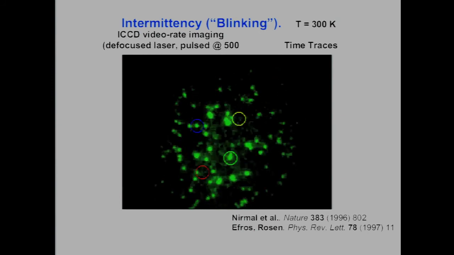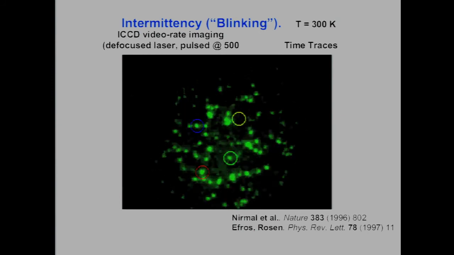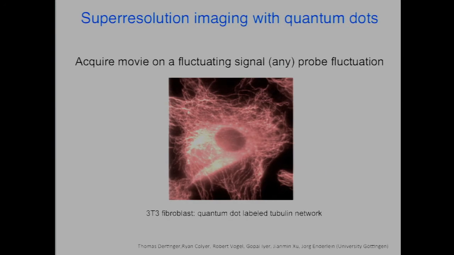But I want to take this lemon and convert it into lemonade, and this is the super resolution method that we developed recently. The idea is not my idea, the idea is your underlying idea. The execution was done in my lab, and what you see here, again, I think because of the quality of the projector, it's hard to see, is a movie of a fixed cell now.